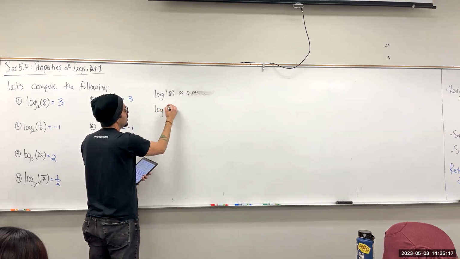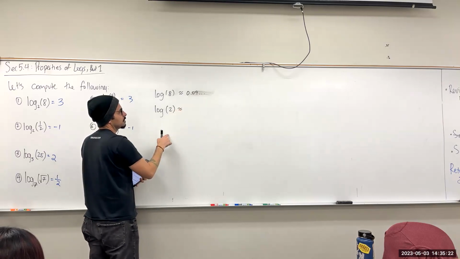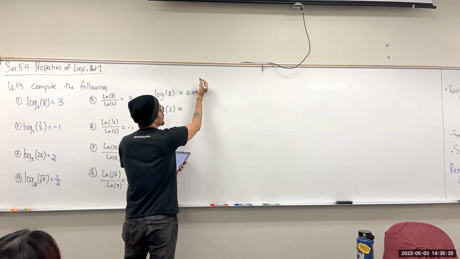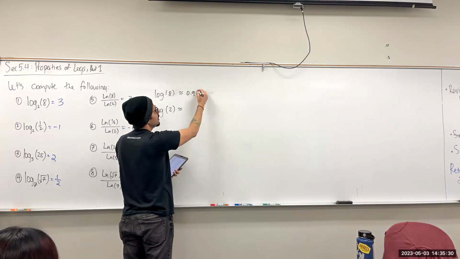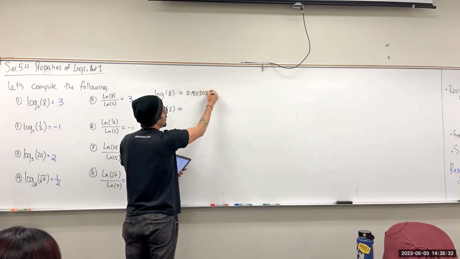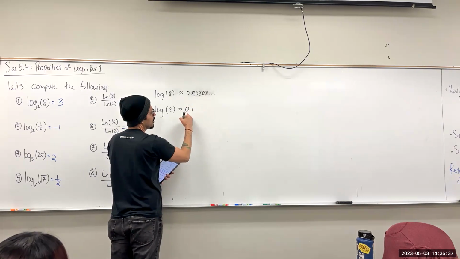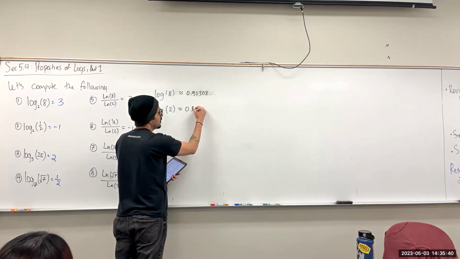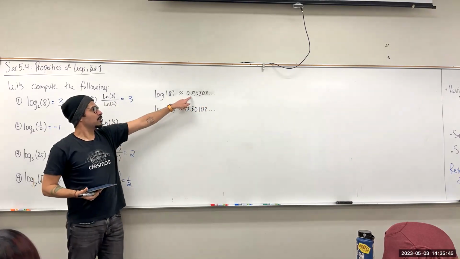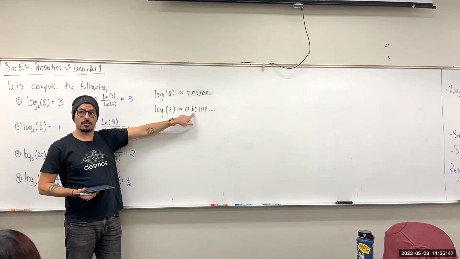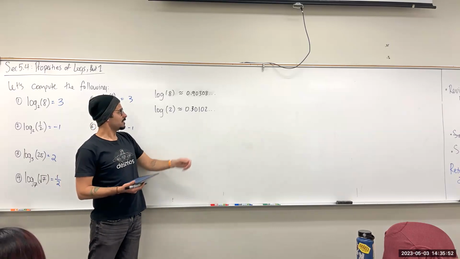Now do log of 2. 0.301. And when you divide these two weird numbers, it gives you 3. That's pretty magical.